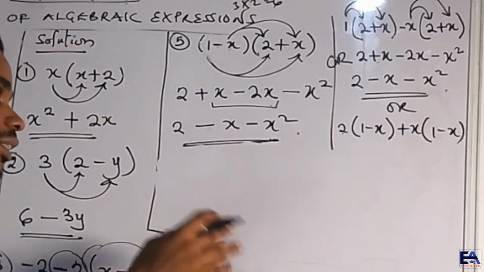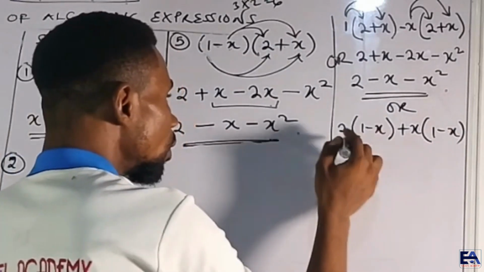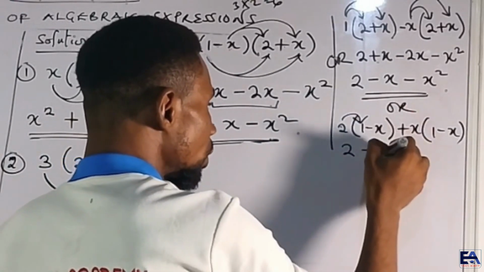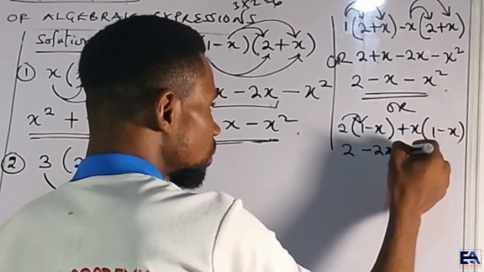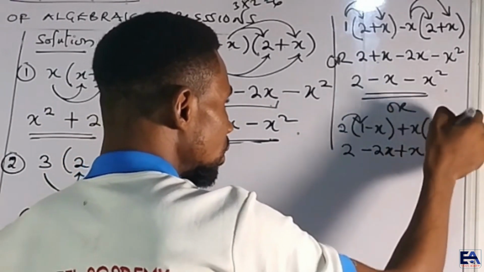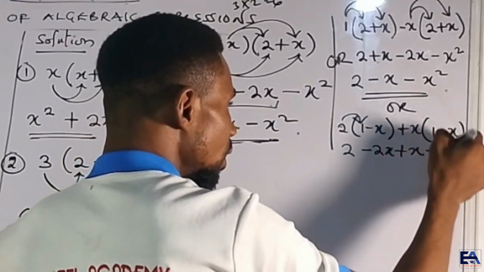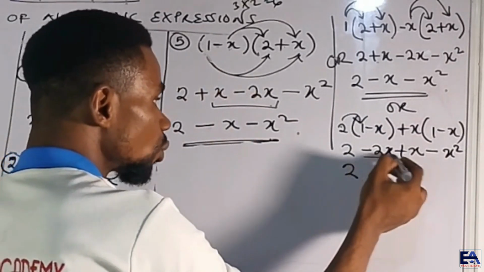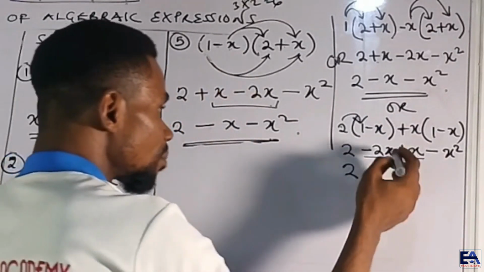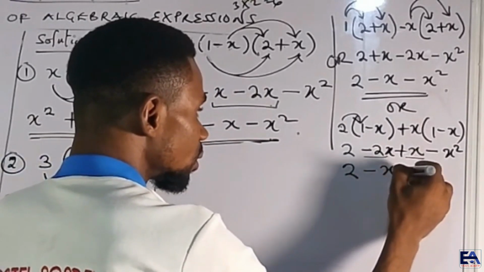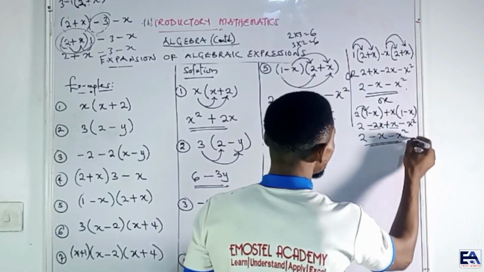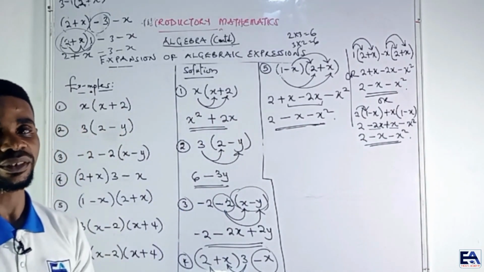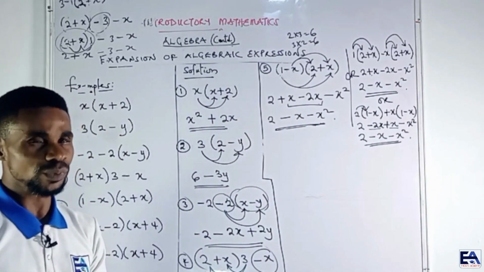Then 2 times 1 is 2, 2 times x is 2x, then plus x times 1 gives plus x, and plus times minus is minus, x times x is x squared. At the end of the day, you have 2. I'm owing 2x, but I have 1x. If I pay, I'm still owing 1x, then minus x squared. However we have chosen to do it, we still keep getting the same answer. I hope you got that.